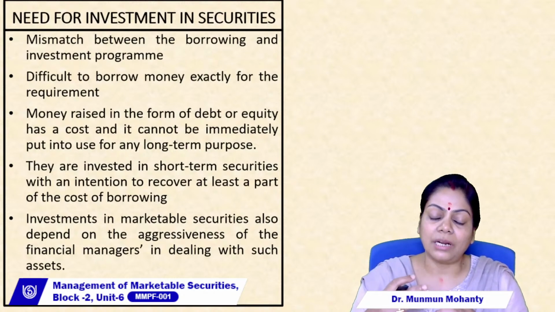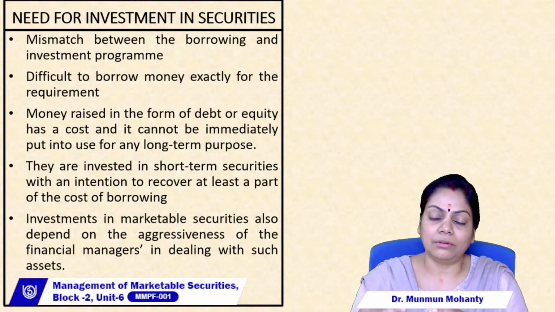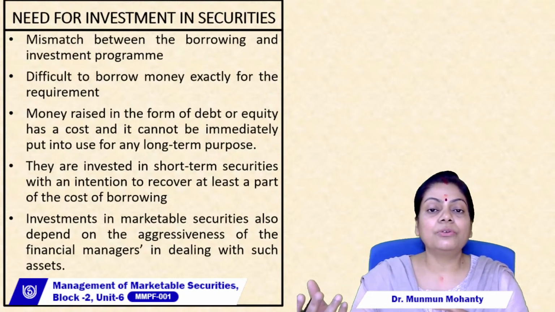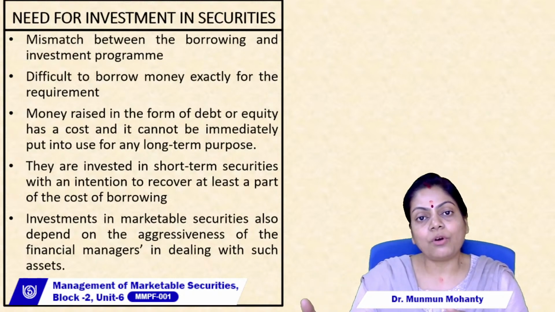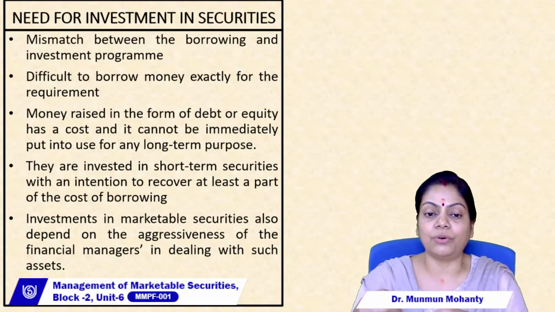So that is why, instead of keeping this huge amount of cash idle, companies try to minimize the loss on payment of interest and the like by investing in marketable securities, so that a part of the cost is recovered from the returns on the marketable securities.